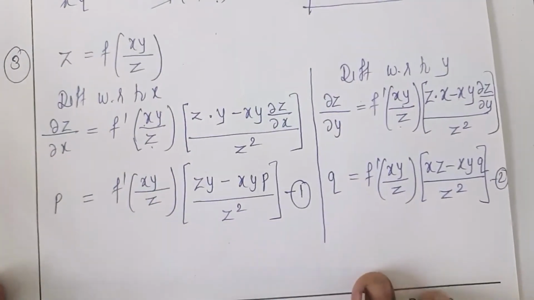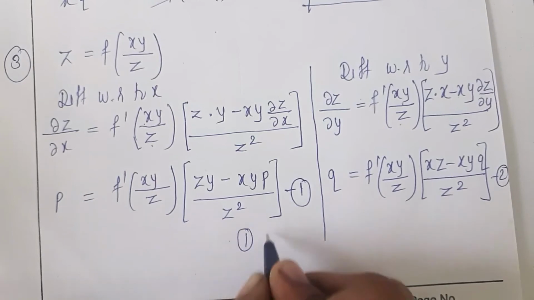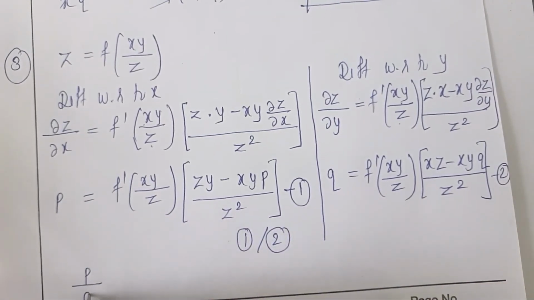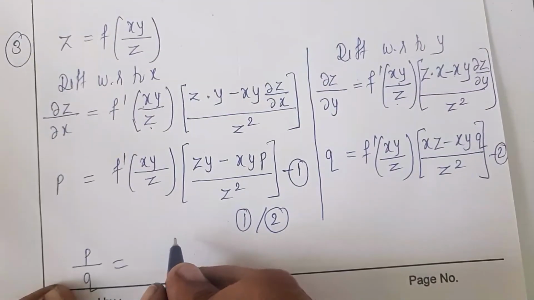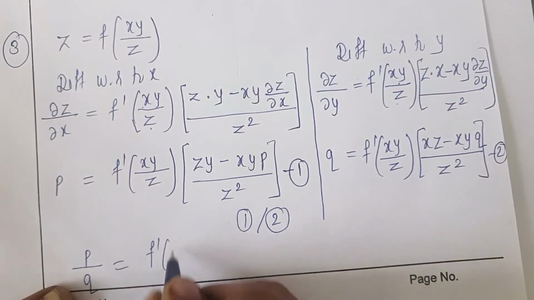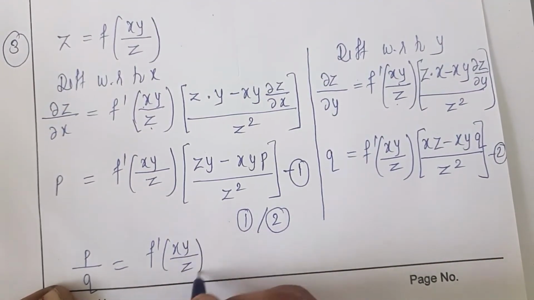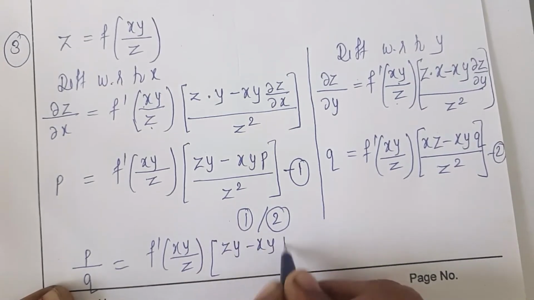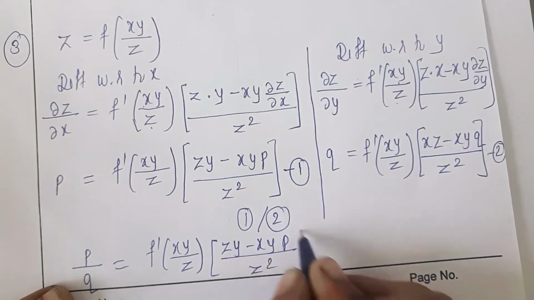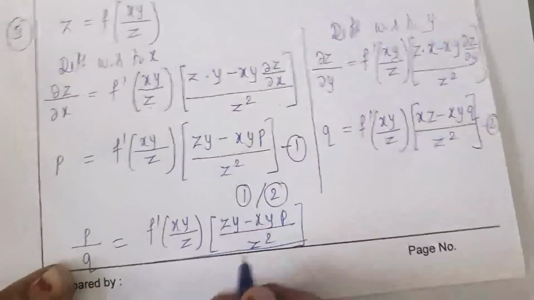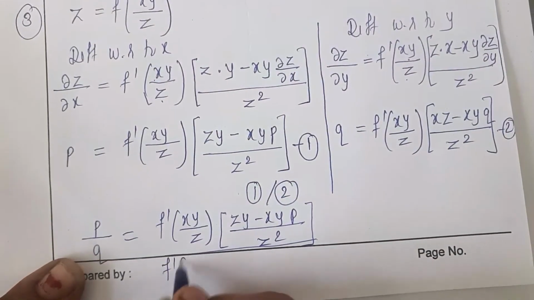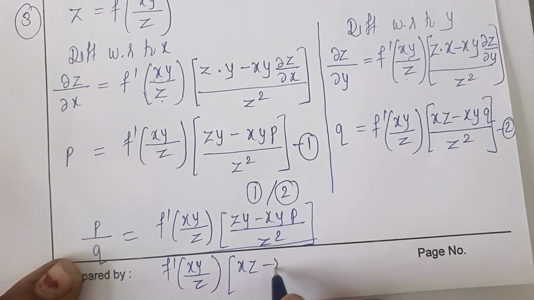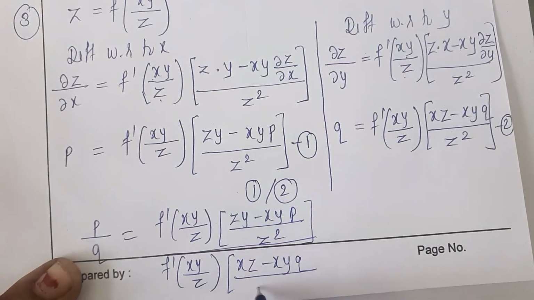Now divide 1 by 2. So 1 divided by 2, we get p divided by q is equal to f dash of xy by z multiplied by zy minus xyp divided by z square, whole divided by f dash of xy by z multiplied by xz minus xyq divided by z square.